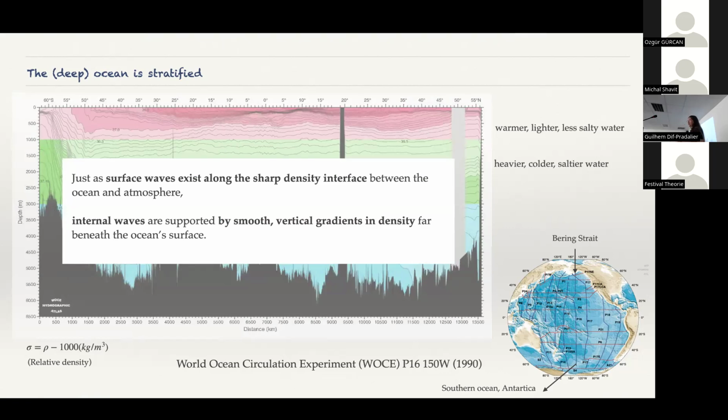That's still true. And just as we're used to seeing surface waves on the sharp density jump along the surface between the ocean and the air, internal gravity waves are supported by smooth vertical gradients in density far beneath the ocean surface.